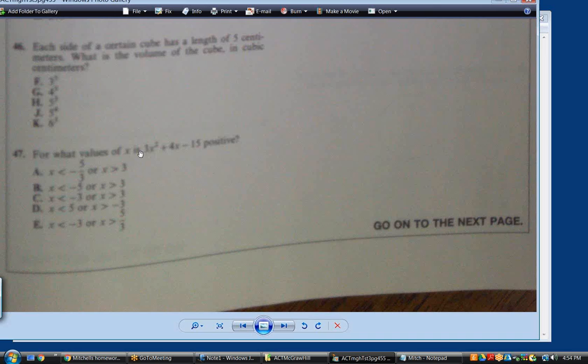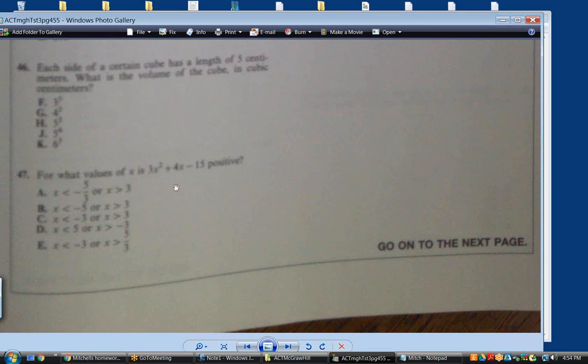They want all values of x that make that positive. Well, B is just some values of x. So it's a tough one to back solve. It might take me 10 minutes to back solve this before I came up with the correct answer, whereas I can factor that in about 20 seconds, and then use a line chart, which takes about 30 seconds. So it's not a hard problem if you use a line chart.